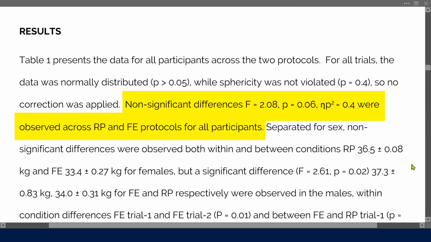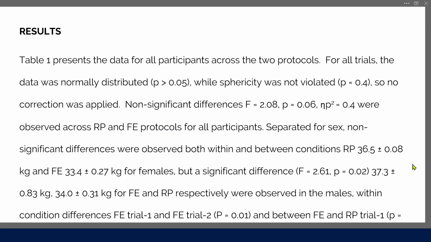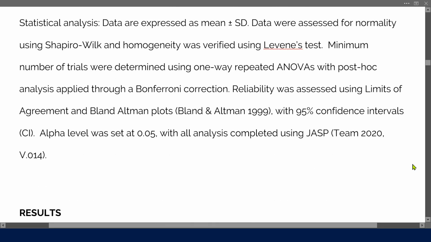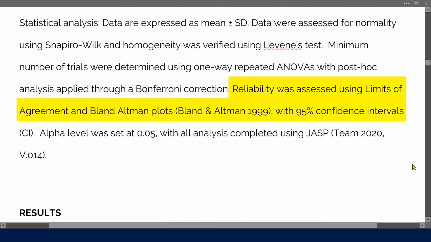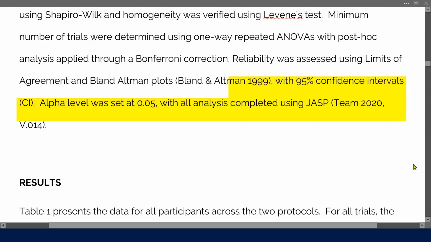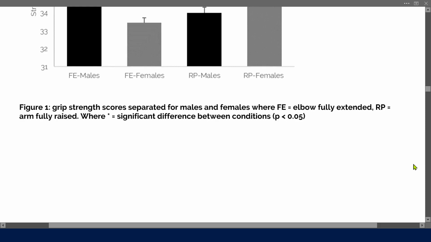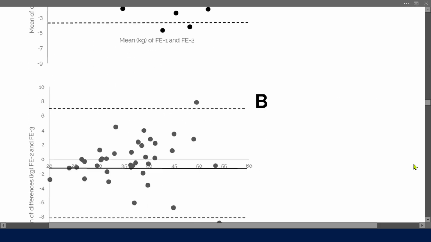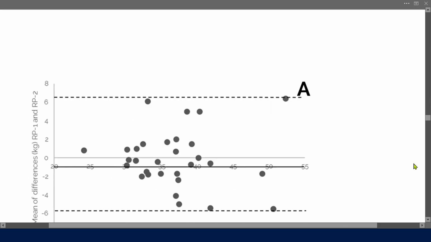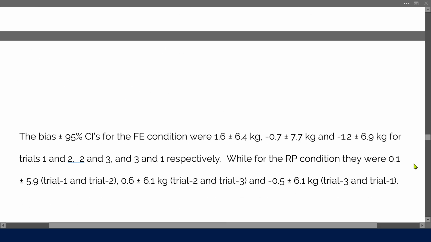Non-significant differences, F equals, and off we go. We're into the ANOVA section. Reliability is assessed using limits of agreement and Bland-Altman plots. So this is all ANOVA, and then we come into the Bland-Altman plots and the limits of agreement that you see here, and then we get the final part on limits of agreement.